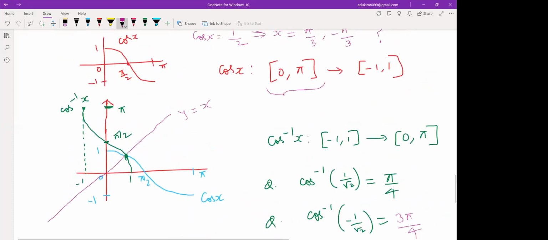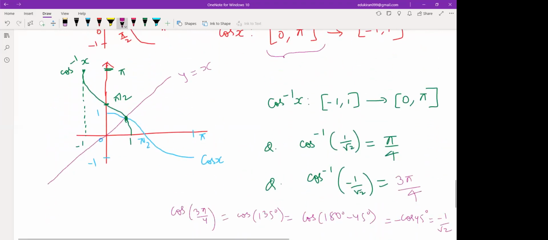So this is how we get it. Now you can write this. In case of sine inverse, you will look between minus pi by 2 and pi by 2. In case of cos inverse, you will look between 0 and pi, because the sine inverse principal value is between minus pi by 2 and pi by 2, and the cos inverse principal value is 0 to pi.